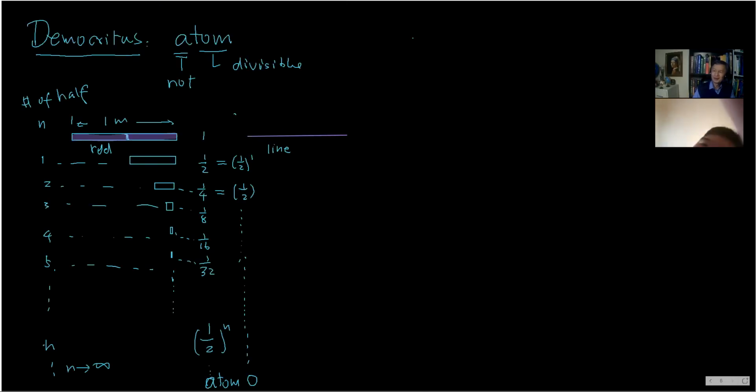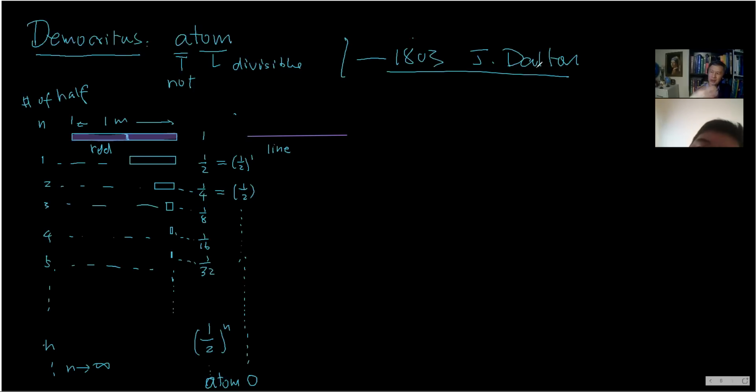Remember, Democritus' atom was a hypothesis. To see the modern version, you have to wait until 1803, when John Dalton first recognized that all chemicals are made of atoms. That is many years later.